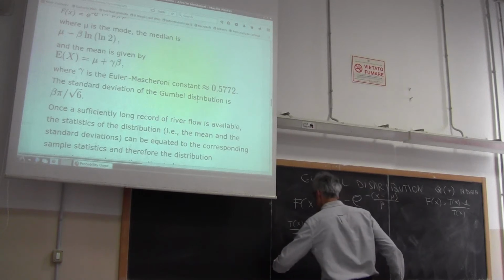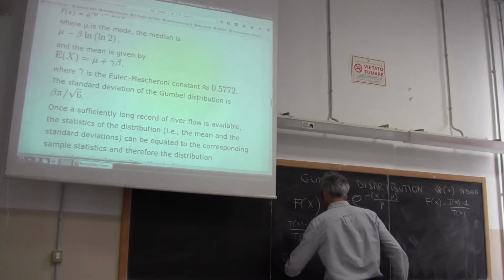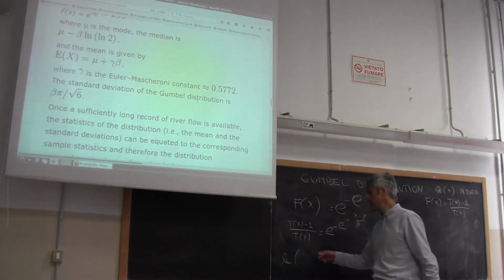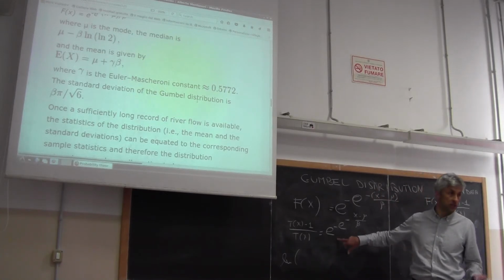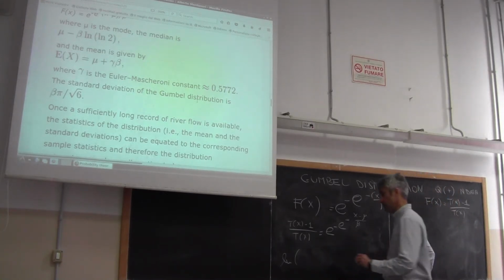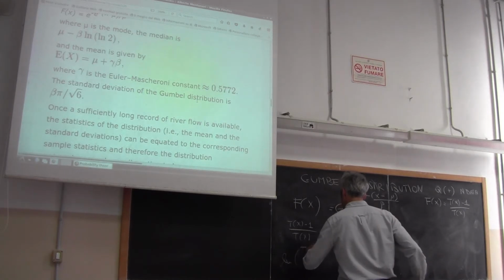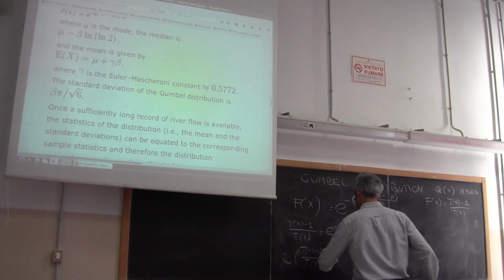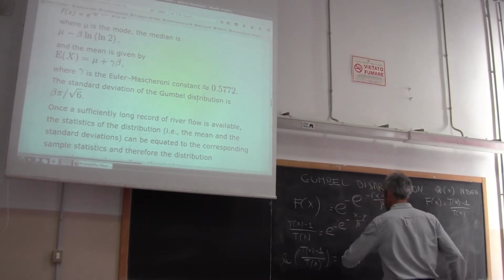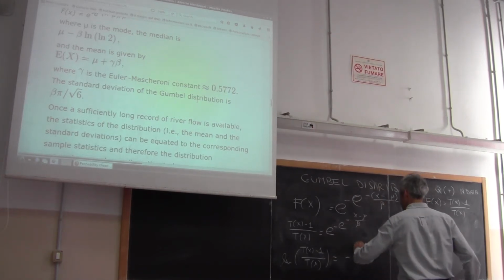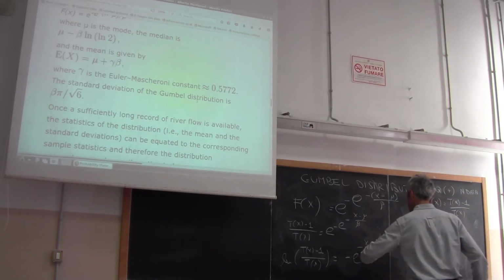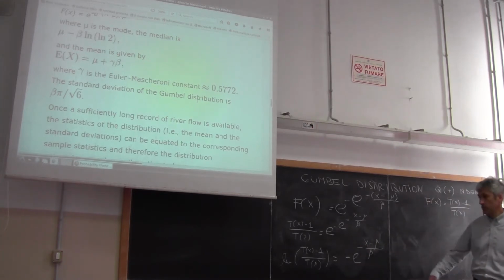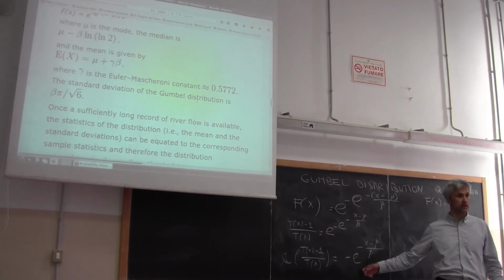The first logarithm is the logarithm, with base e of course, of tx minus 1 divided by tx, and this is equal to minus e to the power of minus x minus b divided by beta. Of course, by taking the logarithm, I can eliminate one exponential at the right-hand side.